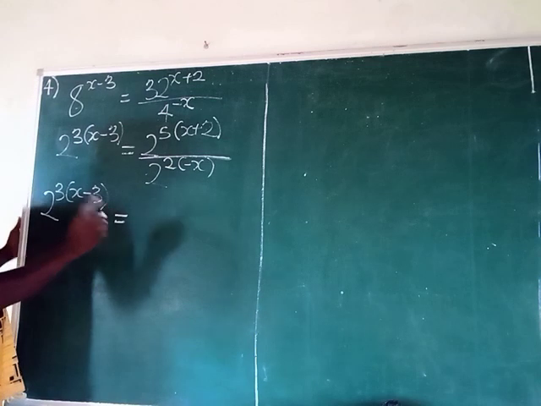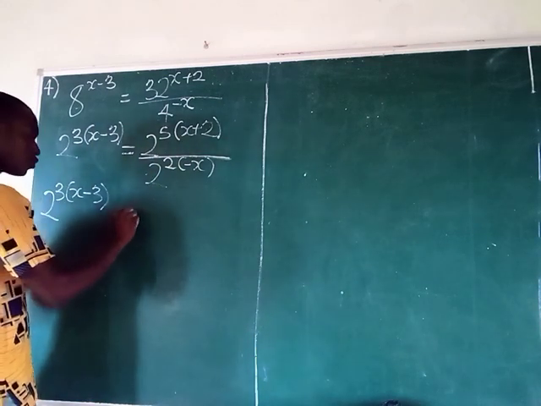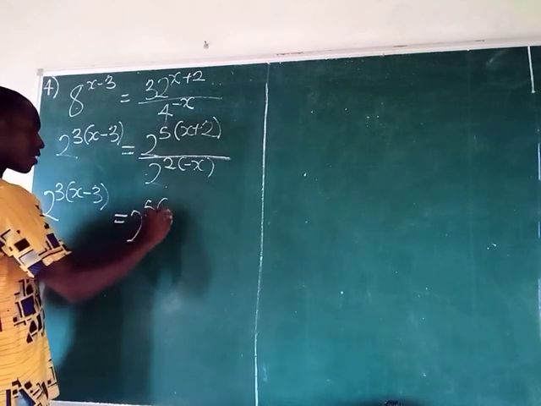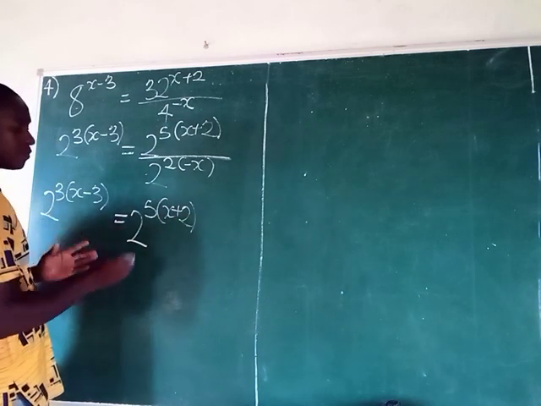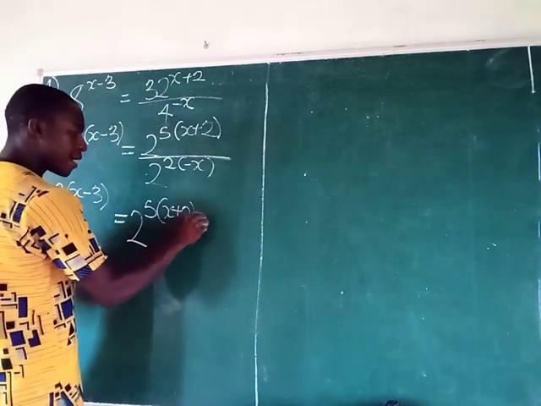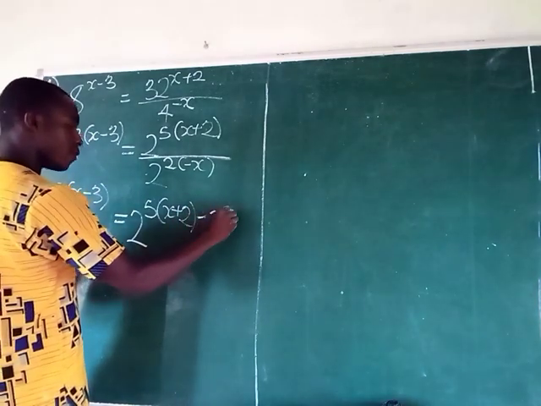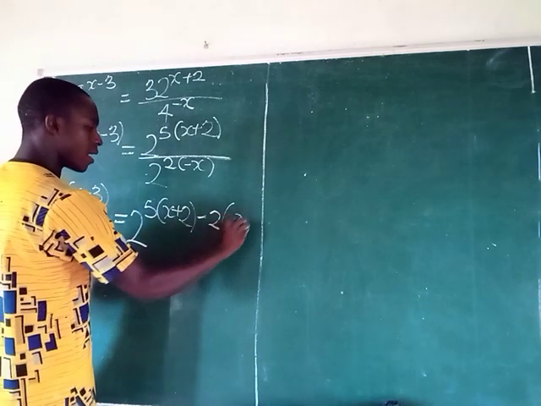Now, applying the division law of indices, this will be expressed as 2 raised to the power of 5 bracket x plus 2, minus 2 bracket minus x.